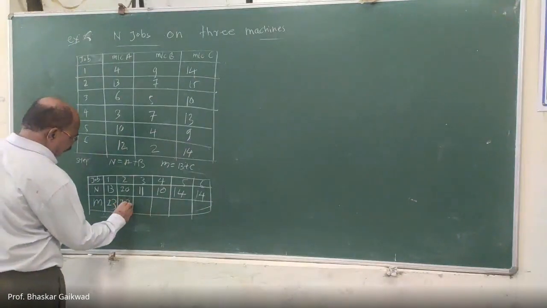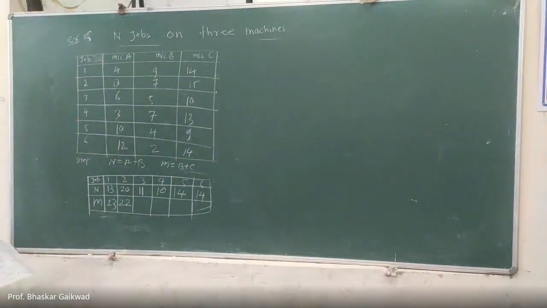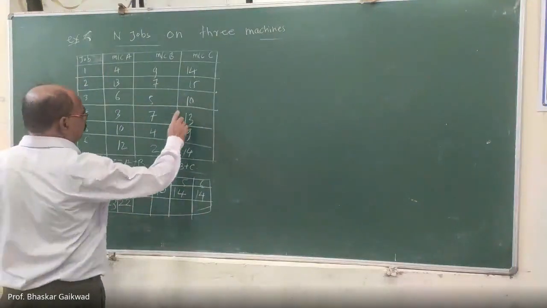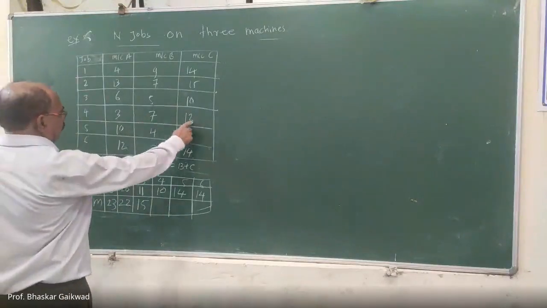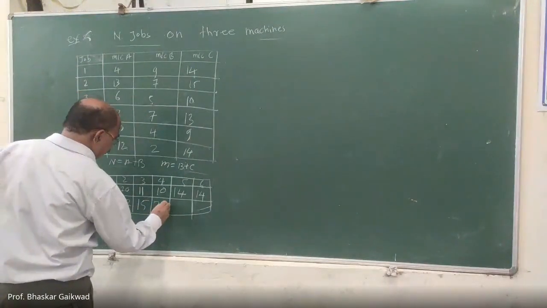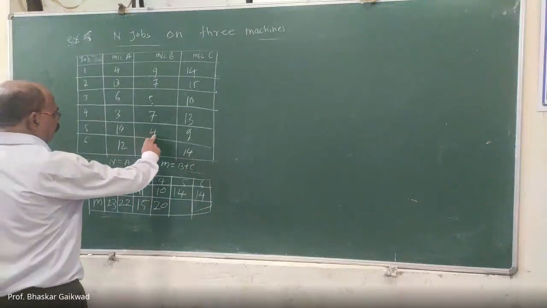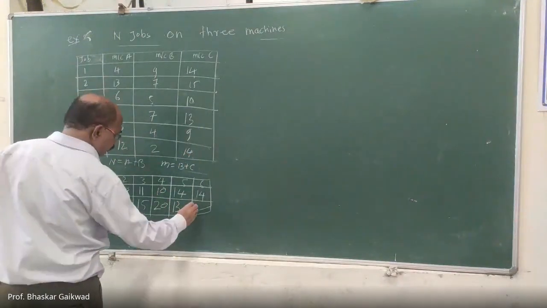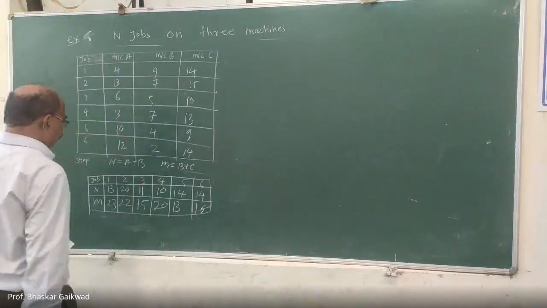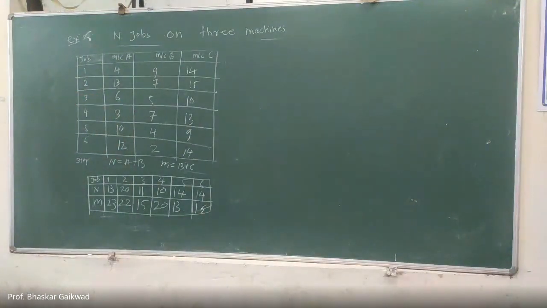Job 3, 5 plus 10, 15. Job 4, 7 plus 13, 20. Job 5, 4 plus 9, 13. Job 6, 14 plus 16. Correct. So this is the conversion of 3 machines into 2 machines.